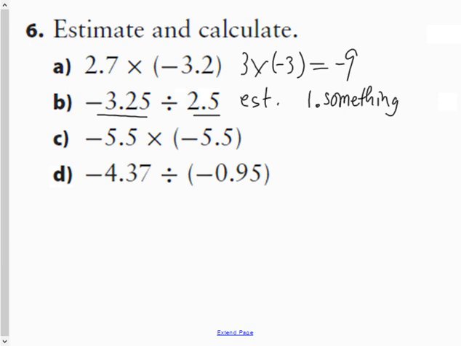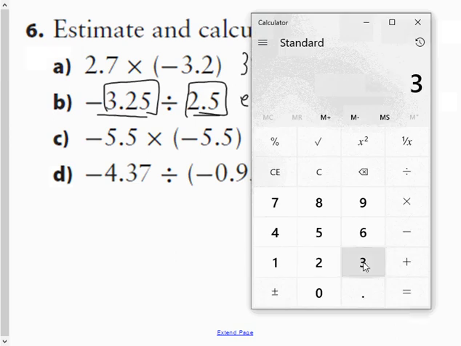A negative divided by a positive is a negative. So my estimation is going to be negative 1 decimal something. I have $3.25 divided into piles of $2.50, negative 1 decimal something. Taking my calculator, 3.25, which is negative, divided by 2.5, and I get negative 1 decimal something, so my estimation was cool.